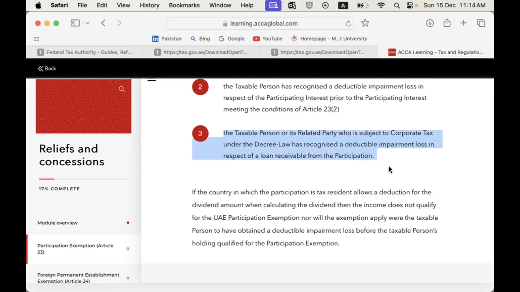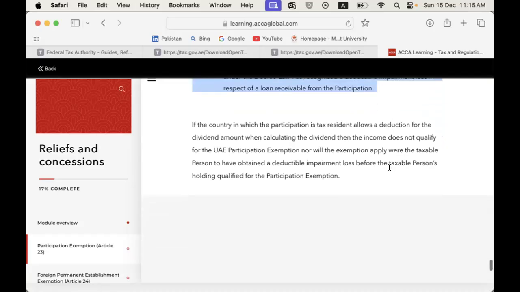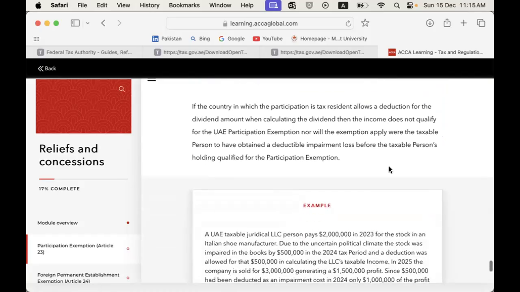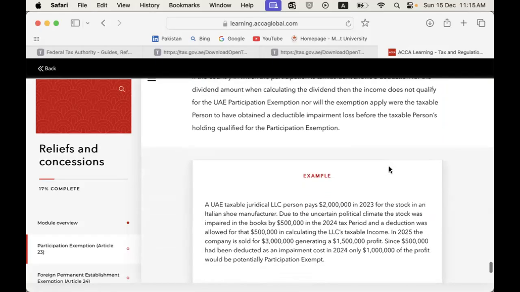So our consideration for participation exemption would even start when we start holding 5%. From that point onward, we're going to look at the 12-month holding period, or at least an intention to hold it. But again, there are areas in which further guidance is still needed from FTA.